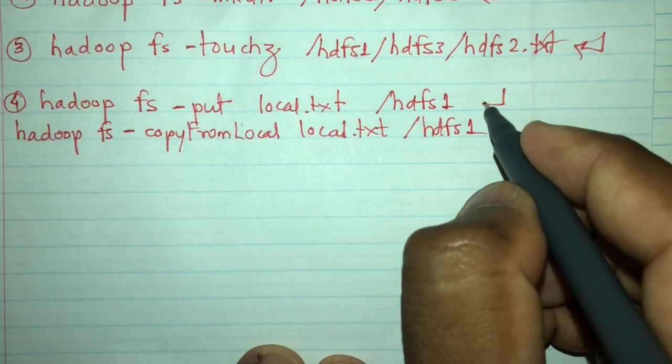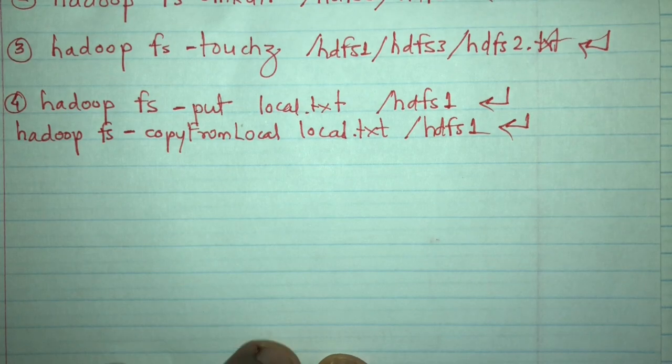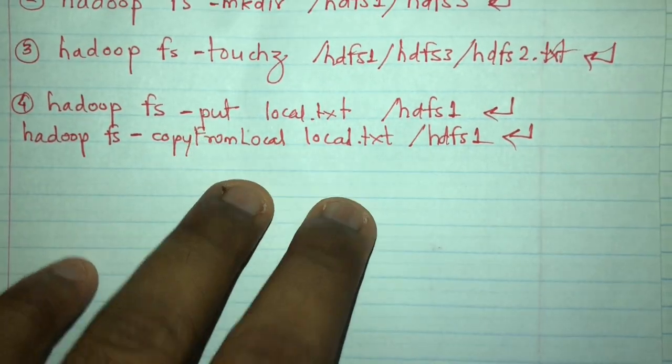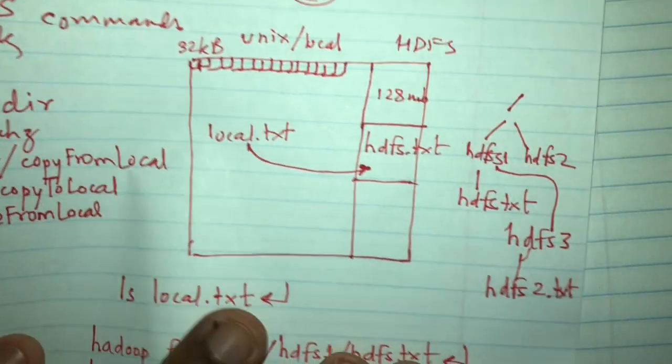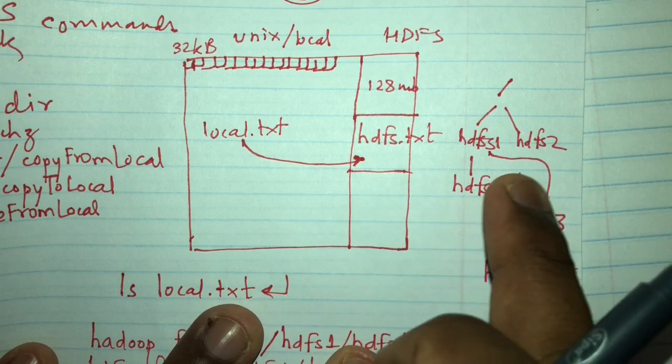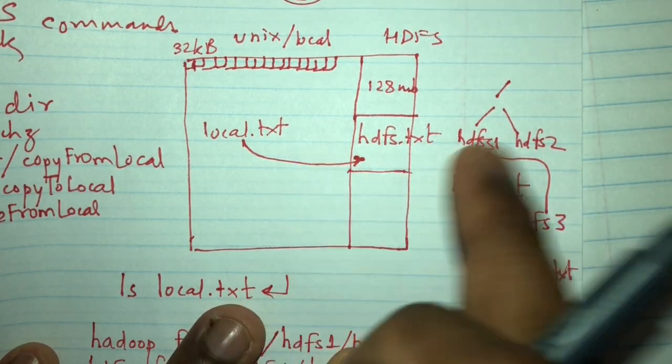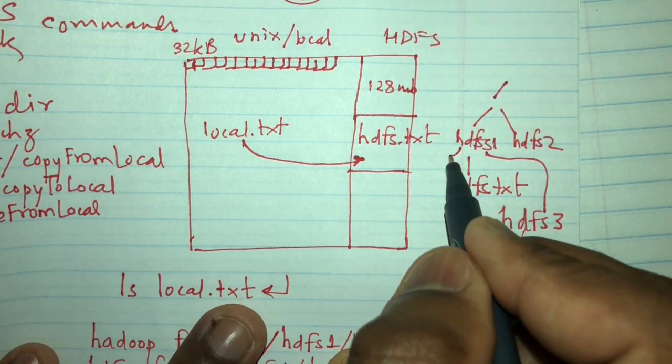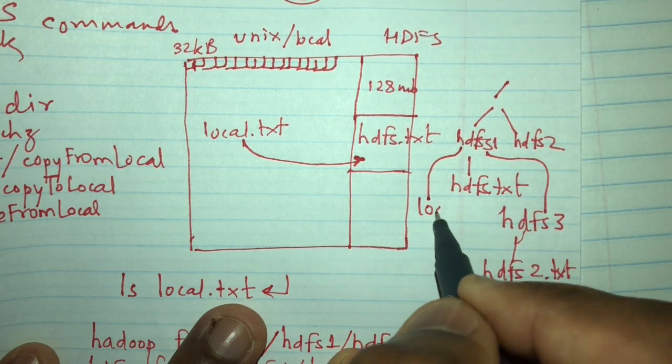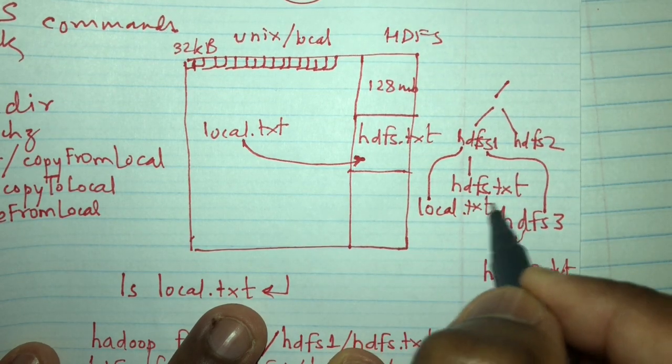These are the same command, so I will just run it once so that I don't get an error saying file already exists. And it is time to update the tree structure. This local file will be copied, not moved, here, so the tree structure will become like this. So this will have local.txt.